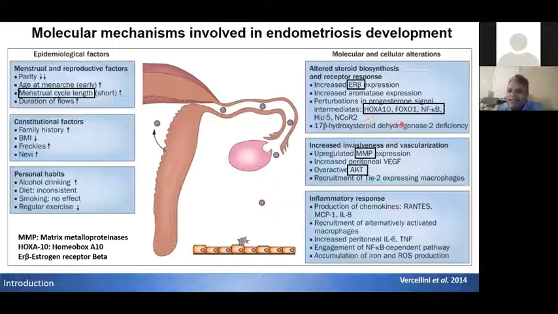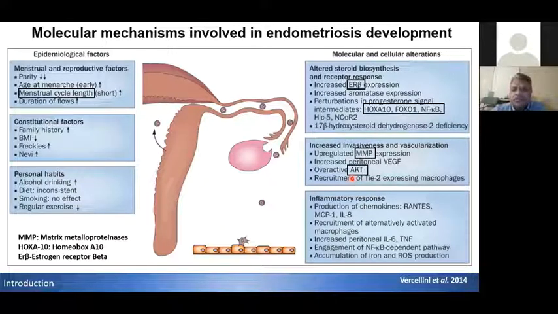HOXA10, and genes like nuclear factor kappa B, matrix metalloproteinases, MMPs, protein kinase B. So several of these genes have been studied, and they have been implicated in inflammatory response, as well as increased sensation of the pain receptors.